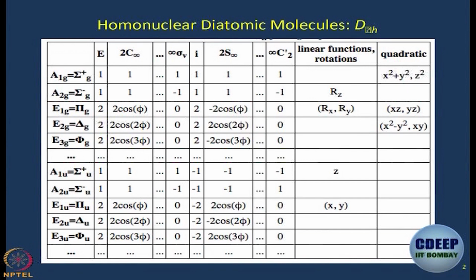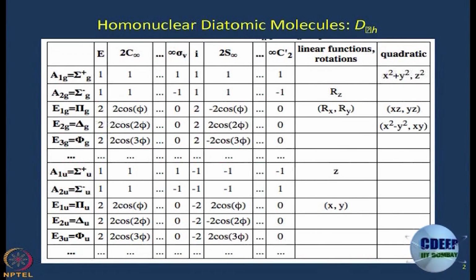S infinity? Rotation and then reflection. So, the lobes interchange, okay, minus 1. C2 dash, exactly, Tadar.